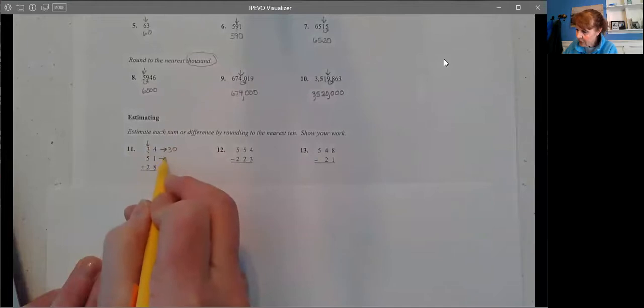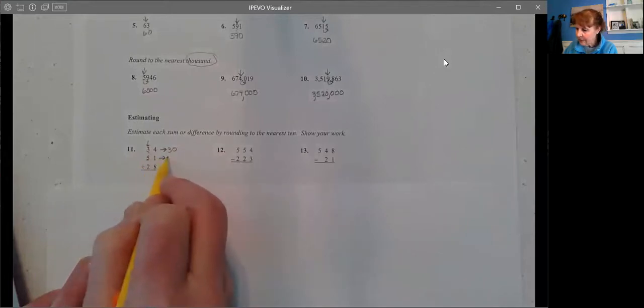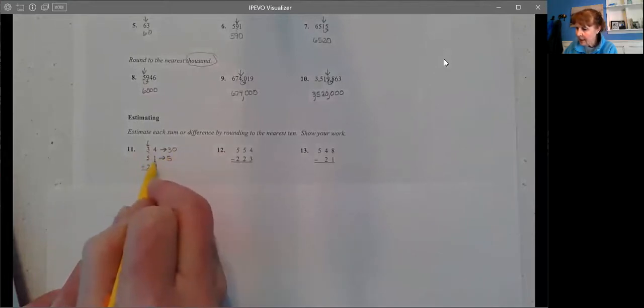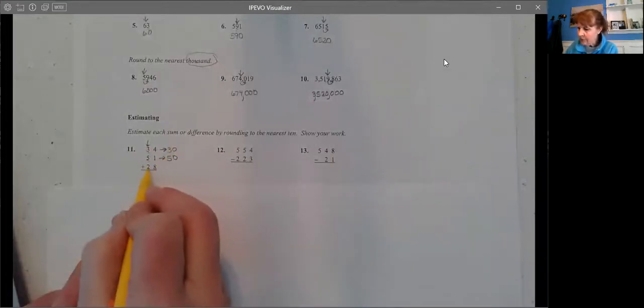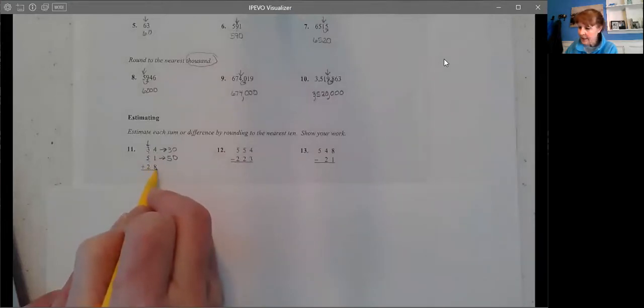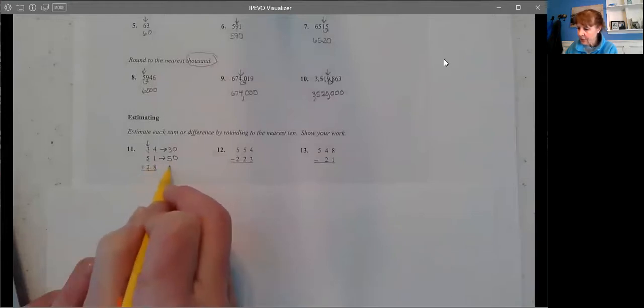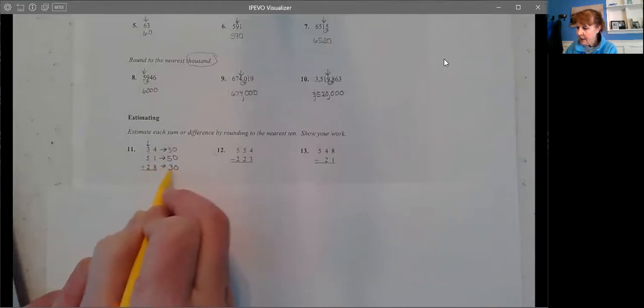Here, go to the nearest 10, look to the right, it's less than 5, so you leave that 10 spot, and then the number behind it becomes a 0. Same here, go to the nearest 10. Look to the right, it is 5 or larger, so you're going to increase the 2 to a 3. And what follows that 10 spot becomes a 0.